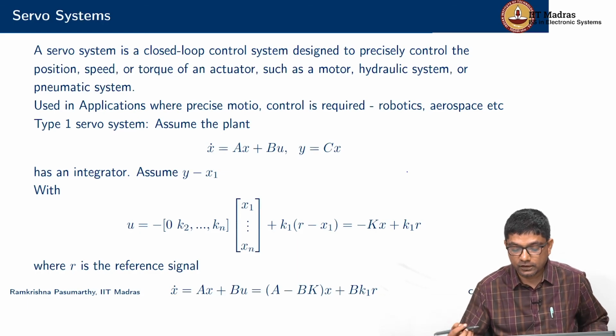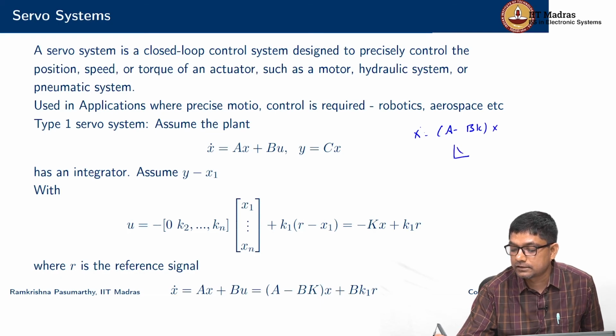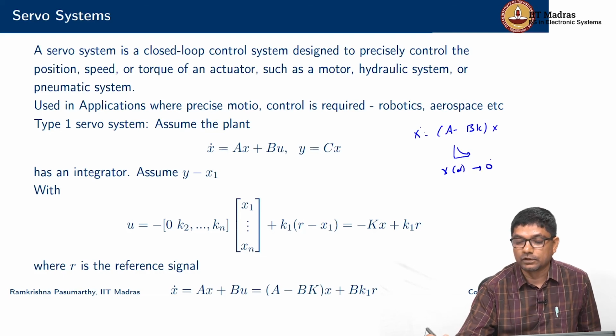Okay. So far we were looking at x dot equal to A minus Bk x. If the system was stable, all the x will go to 0. So, x at infinity, everything goes to 0.